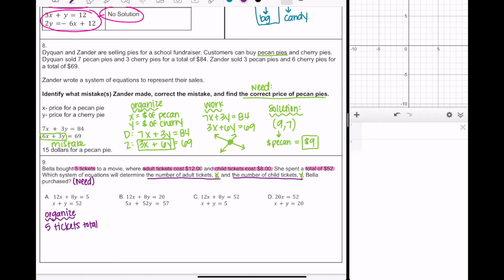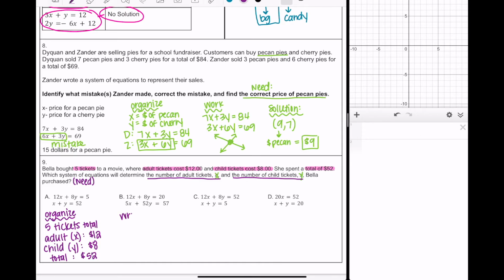And adult tickets cost $12. Child tickets, which is Y, is $8. And the total cost was $52.